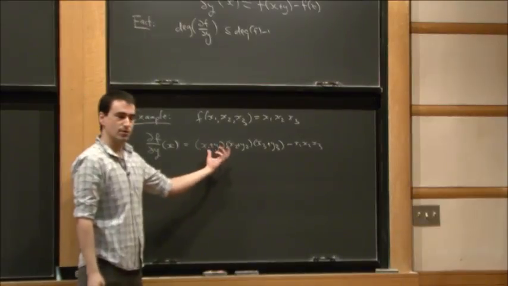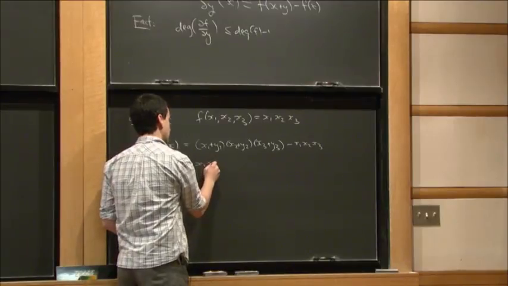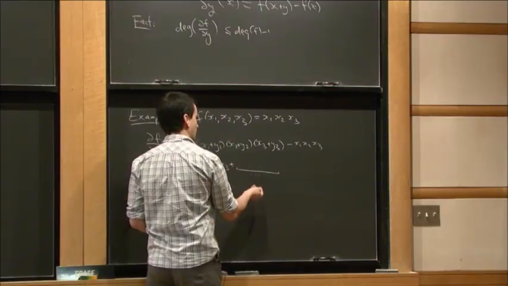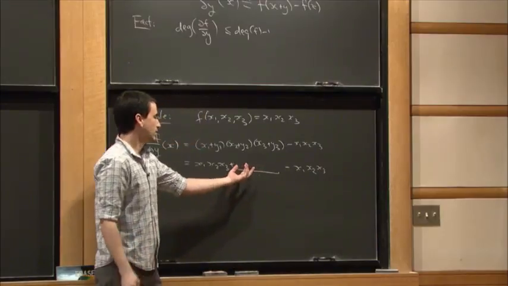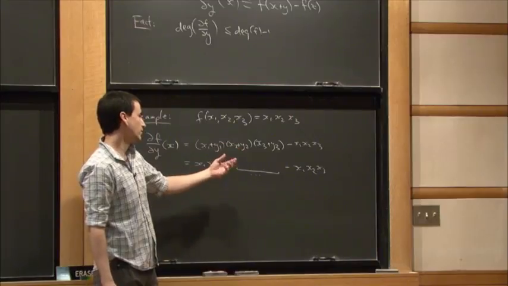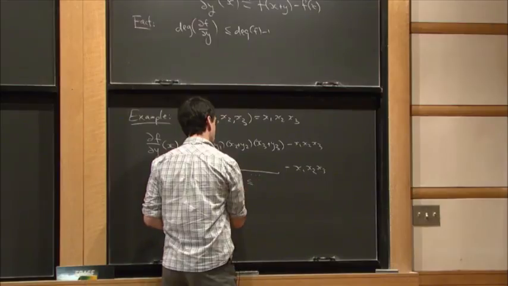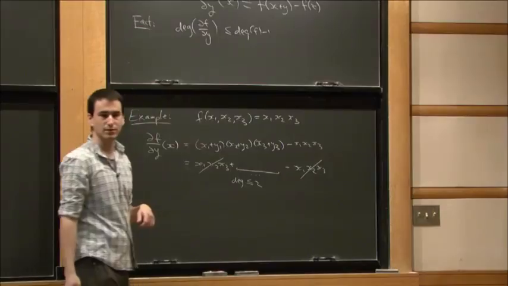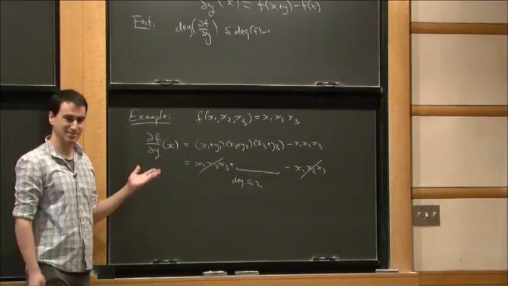We think of the y's as constants here, and the x's as variables. When we open this up, we get x1, x2, x3 plus some 7 other terms, minus x1, x2, x3. These terms involve at most 2 x's and several y's, so as a polynomial over x, this is of degree at most 2, and the cubic term cancels out. So we proved it by example. To prove it generally, it's pretty much the same thing.